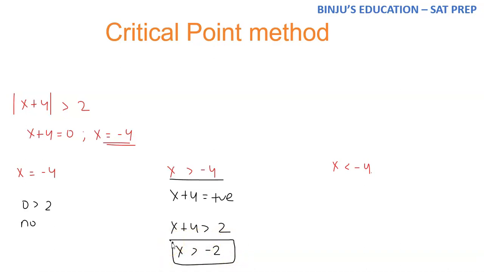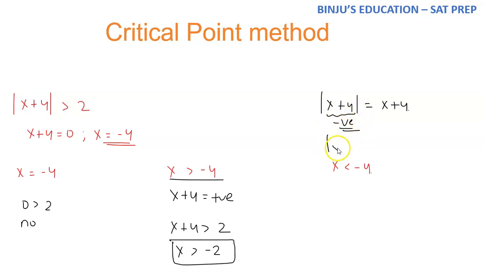When x is less than -4, I'm looking for values like -5, -6, -7 and so on and so forth. In that case x plus 4 will be negative. So I can't simply open mod of x plus 4 as x plus 4. I'll have to put a negative sign because this quantity is negative.